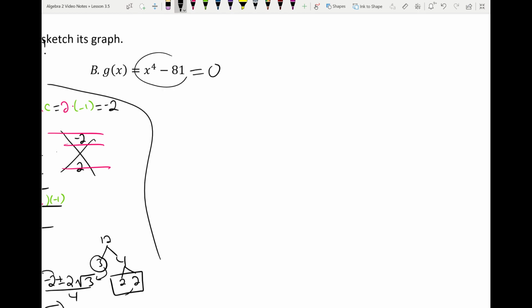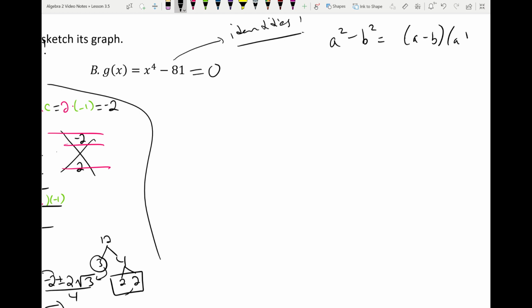Now this is a difference of squares, so you can use your identities to tackle this one. Remember the difference of squares: a squared minus b squared equals a minus b times a plus b.